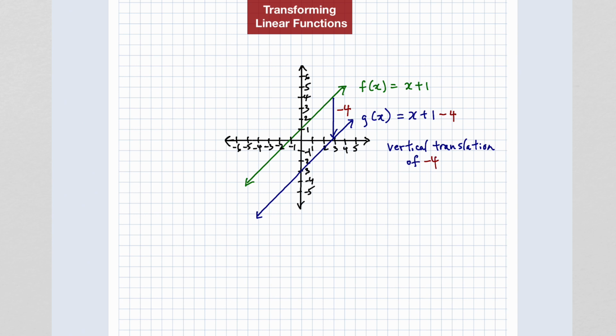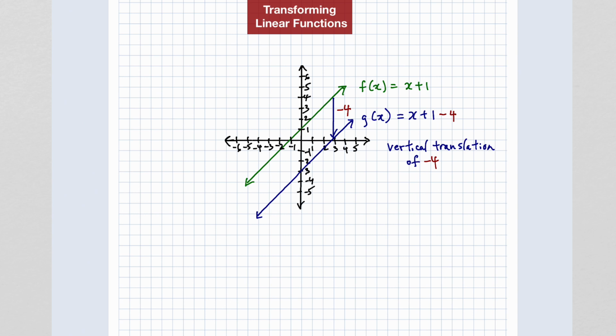Okay, so as you can see, we had the function f of x in green of this line, and it basically shifted down 4 places. The line is parallel to f of x, which is the line in green. It just shifted down by 4 places. Okay, so that's a vertical translation. So let's go ahead and take a look at what the next one looks like.